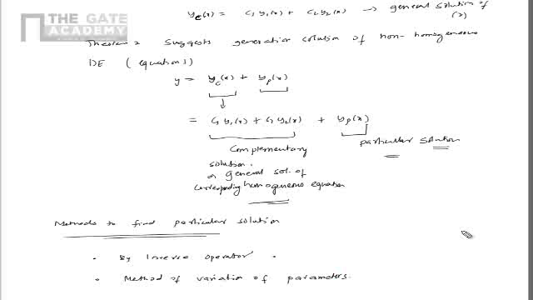We'll just express the rules for each of these methods and how to find the particular solution. So let's see the method of inverse operator. What does inverse operator mean, and how do we use this method to find the particular solution?